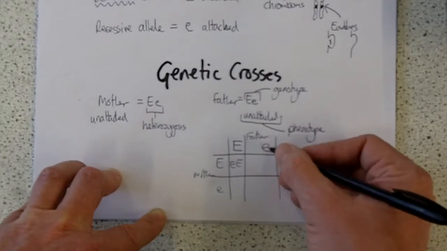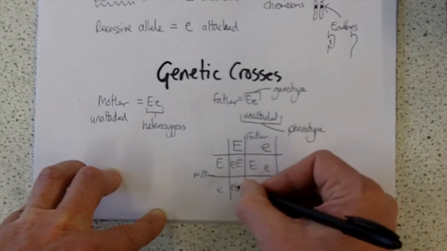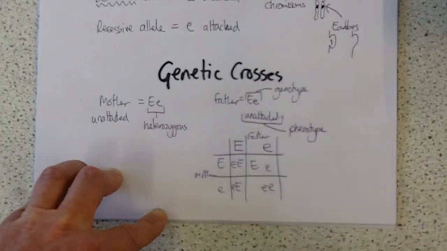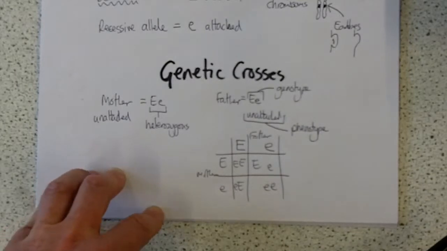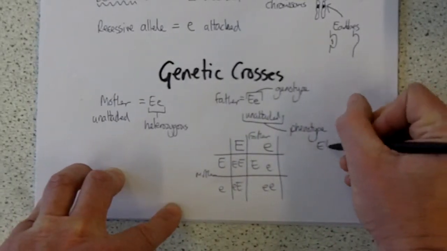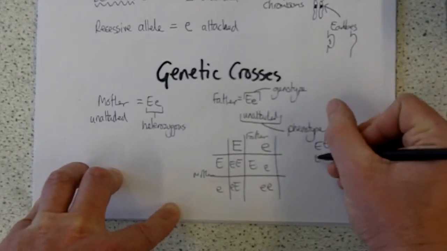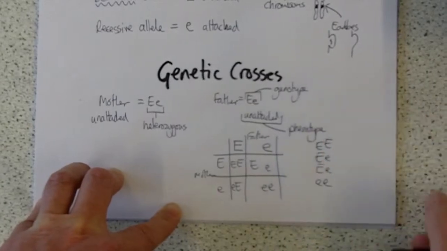In this one here, it's small e with the big E for mother, and then down here, like that. So those are the four possible combinations of alleles that the offspring might have: either big E, big E, big E, little e, big E, little e, or two little e's.